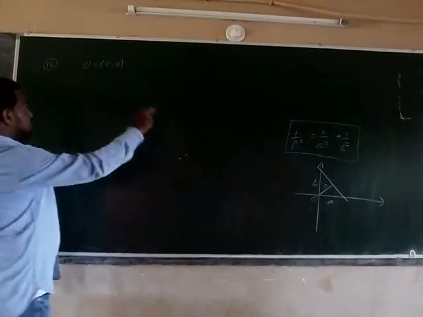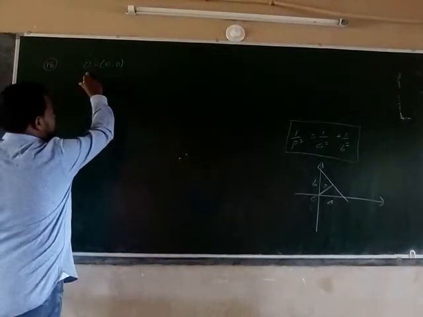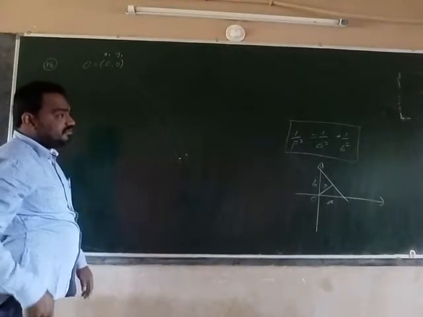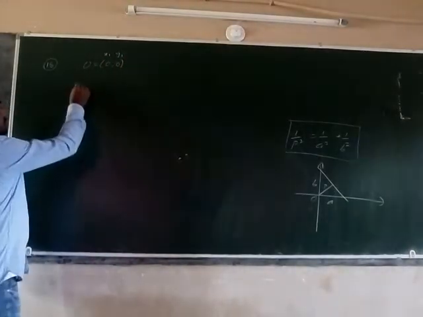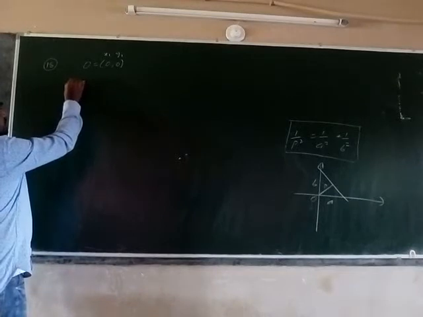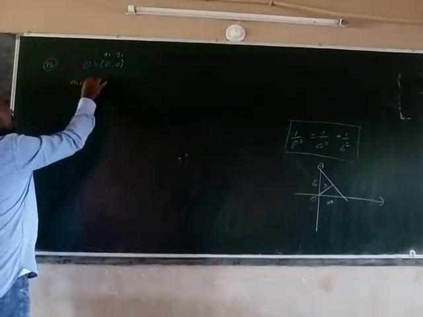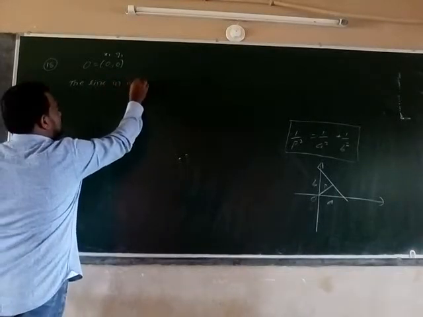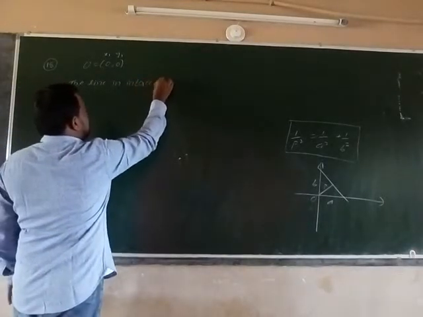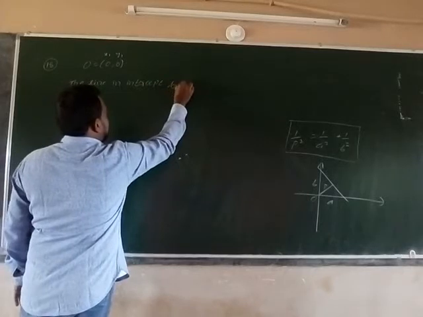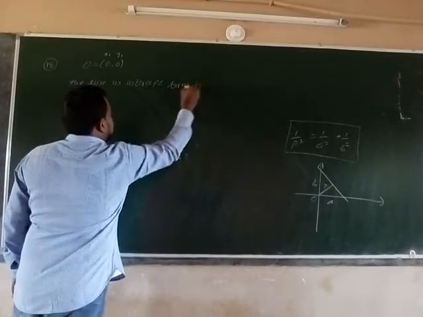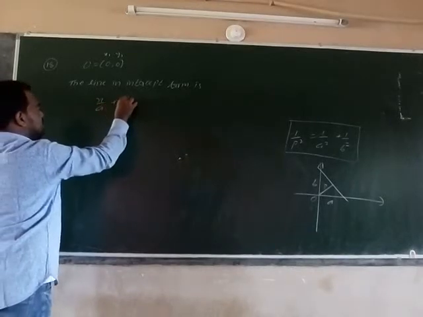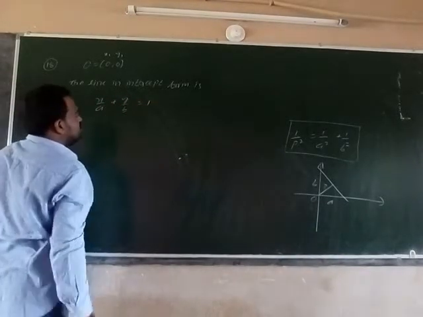So very easy, you see. Origin coordinates are 0 comma 0, this is x1 comma y1. And the line equation in intercept form. Intercepts are given as A and B, so the equation is x by A plus y by B equals 1.